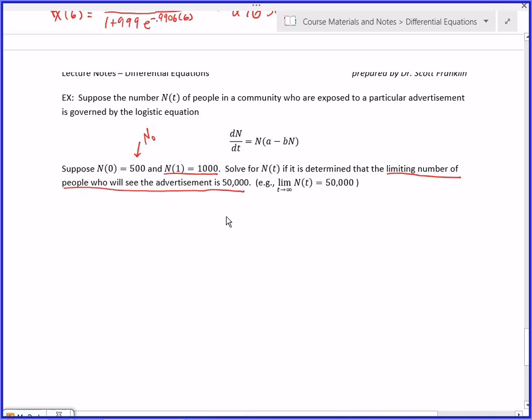Okay? So here's how I would get started. I would start with dN/dt is equal to, and I would do it the same way we did the previous one. Write it as k times N times, and now I've got to use a different variable for carrying capacity.